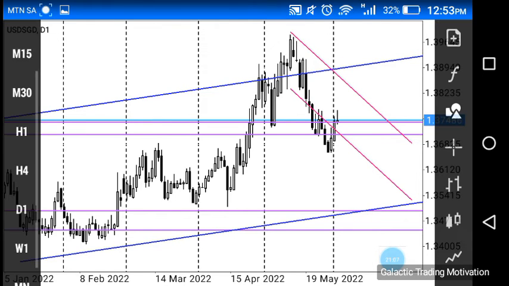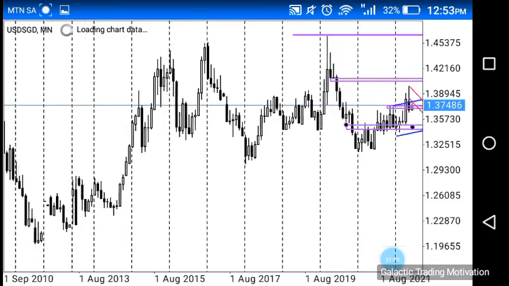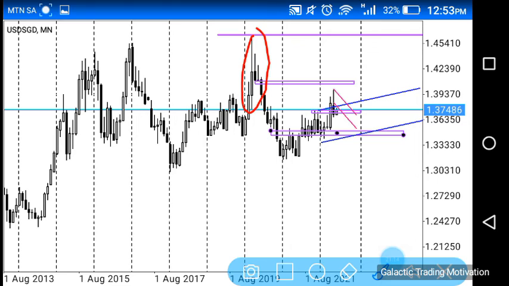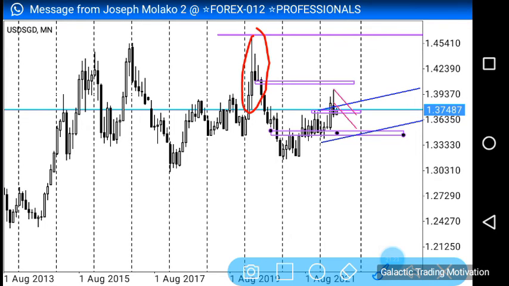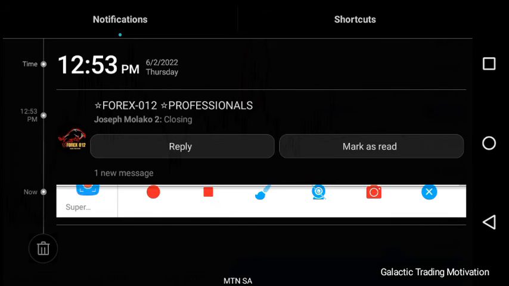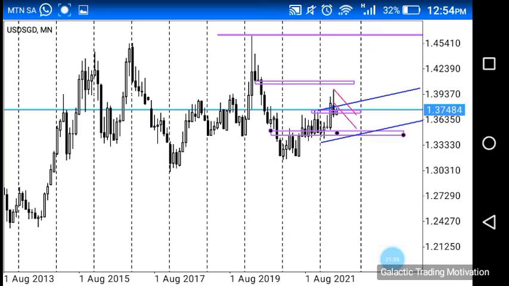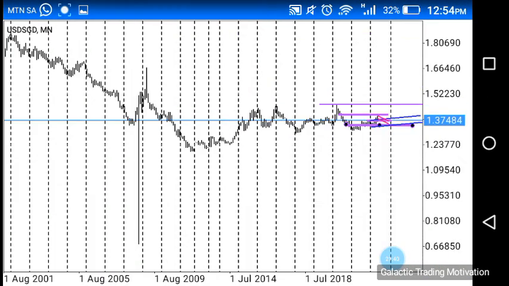However, ultimately the goal is to get to this level over here where we have that huge bullish candle with a small body and a long upper wick, because I'd said that we have so much liquidity sitting at that level and that the market has to grab that liquidity, and it may be that that's what the market is waiting to do.